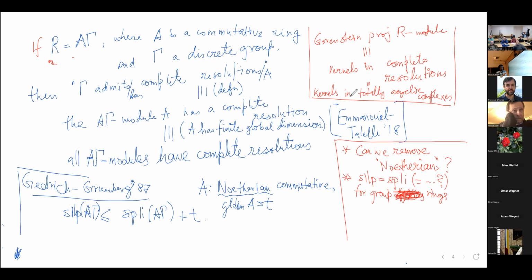If you want to not even use the word complexes or totally acyclic, there is an exact definition that one can do. Sorry, I'm confused. So adding this completeness to the definition of this resolution is irrelevant. It is irrelevant for now, but the word complete comes from complete cohomology, and that has to do with complete cohomology of modules. But since I've already defined complete resolutions and since they will be used later on for simplicity, I was just defining Gorenstein projective modules as kernels in complete resolutions of R modules.